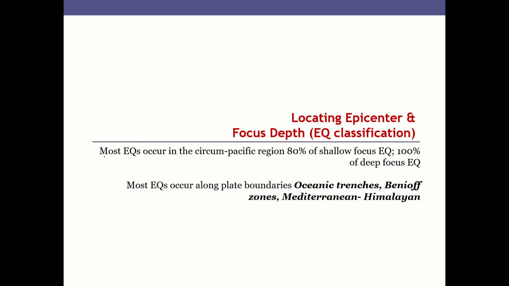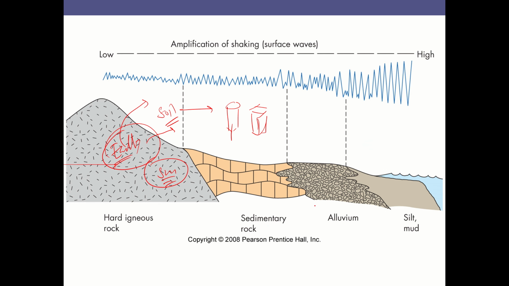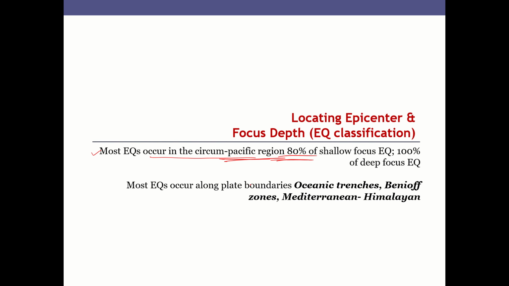Okay, and we were discussing that most earthquakes occur in the Pacific region, and of that 80% is shallow. Which means, what is shallow? The earthquake is observed within 70 kilometers of the surface of the earth. Most earthquakes occur along the plate boundaries.